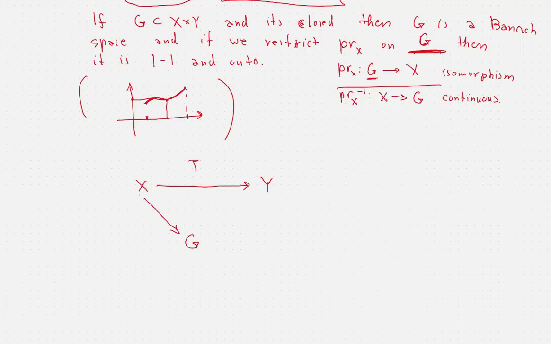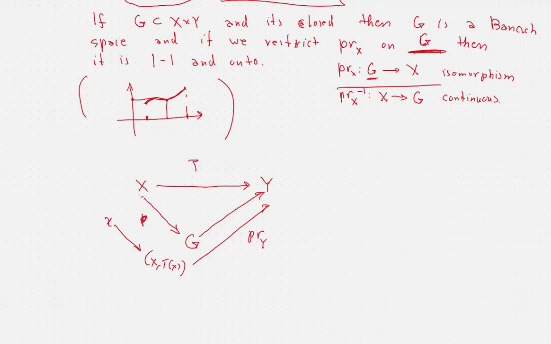And secondly, I go from G to Y. And here I take the map that sends x to (x, T of x). And here I take the projection onto Y.